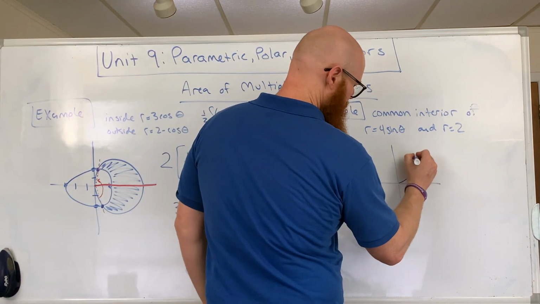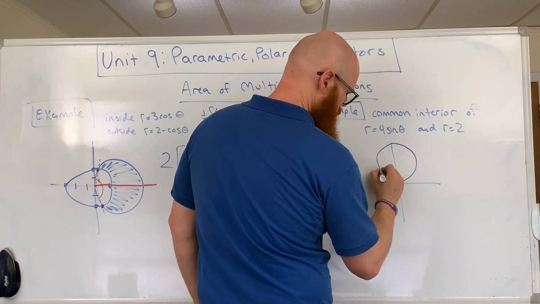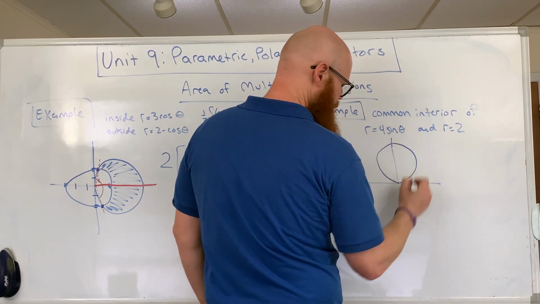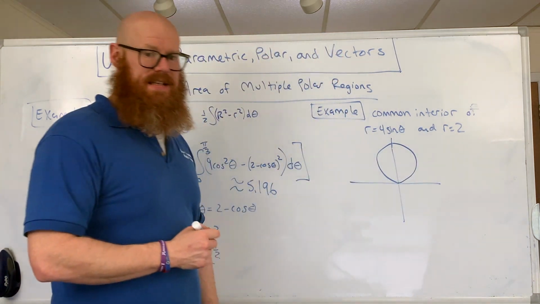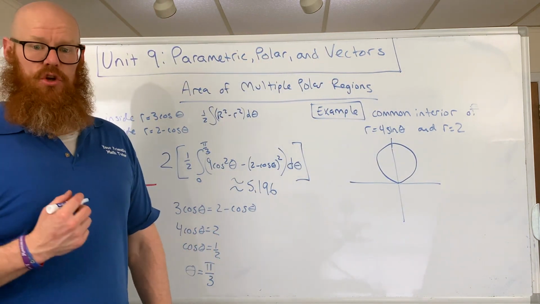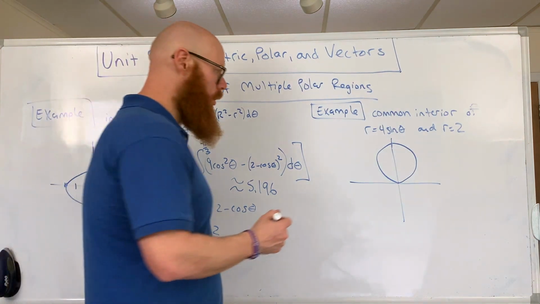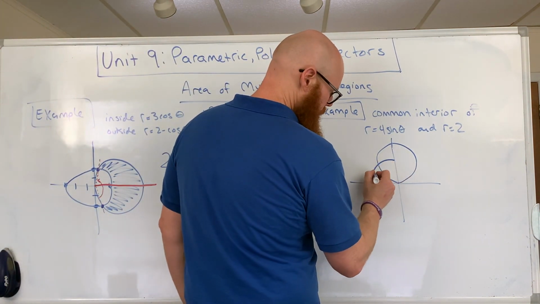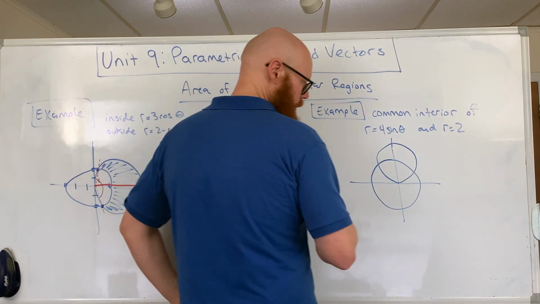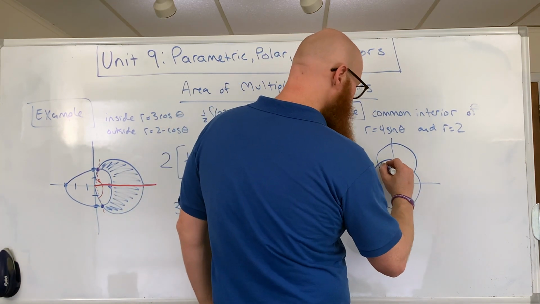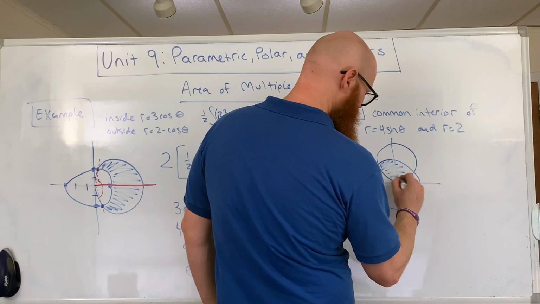So we're going to get a circle something like that. And r equals 2 is a circle of radius 2 centered at the origin. So we're going to have something like that. So the common interior is this.